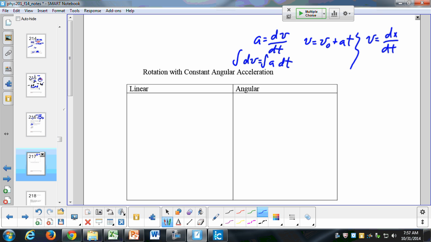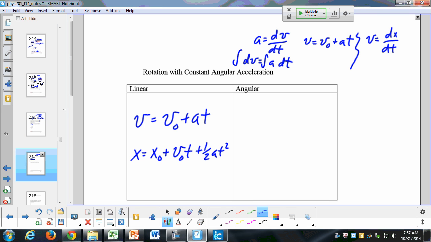So anyway, we got two equations for position with constant acceleration, and that was that v equals v naught plus at, and x equals x naught plus v naught t plus 1/2 at squared.